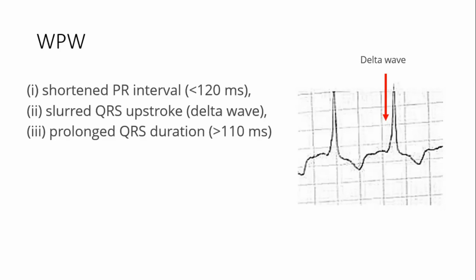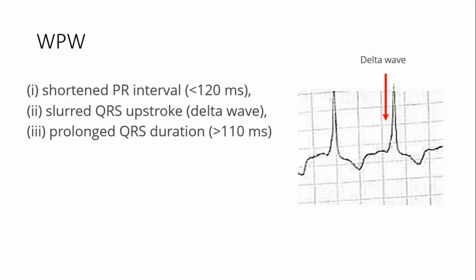This is a pretty common ECG. You will be seeing that in your practice. So why is a delta wave formed? Anybody who can comment on this? So it's a pre-excitation of the ventricles because the accessory pathway is closer at that point. The ventricles are pre-excited, and that's how the delta wave is formed.